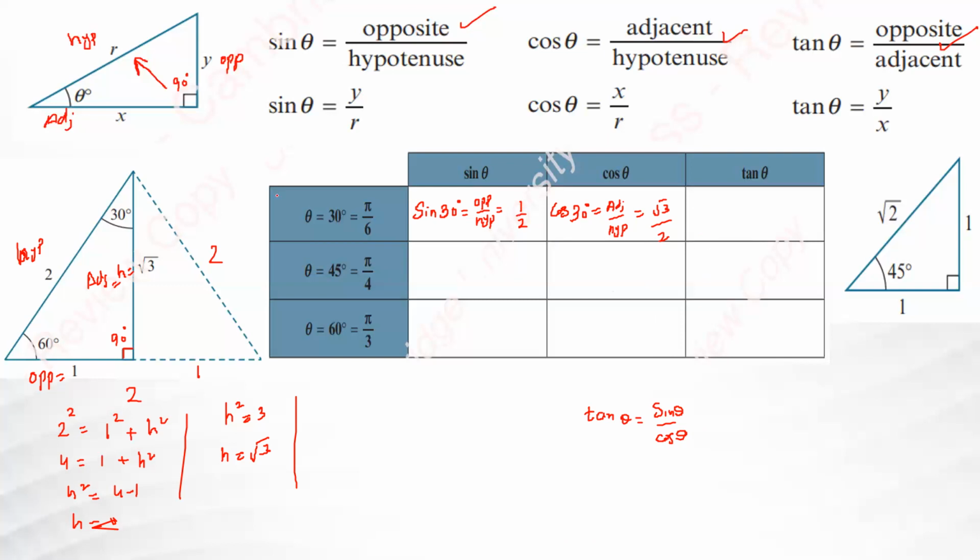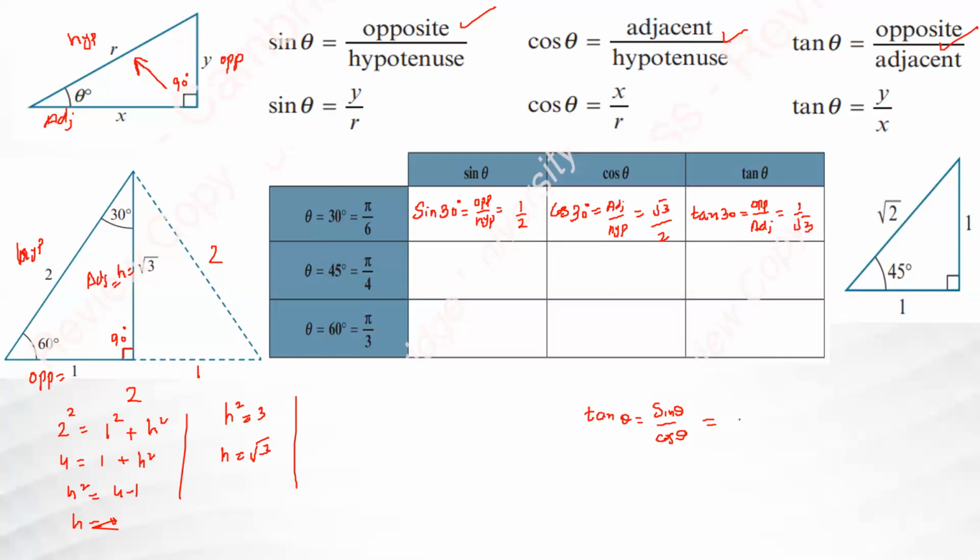But if you want to write it directly from the equilateral triangle, tan 30 is equal to opposite over adjacent. Opposite is 1 over the square root of 3.